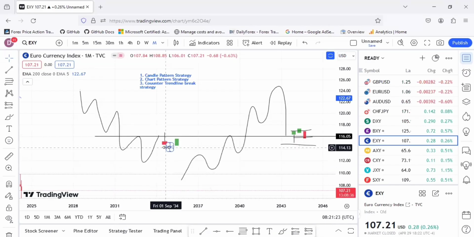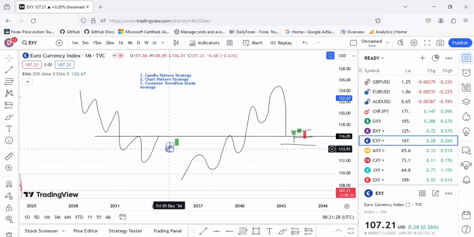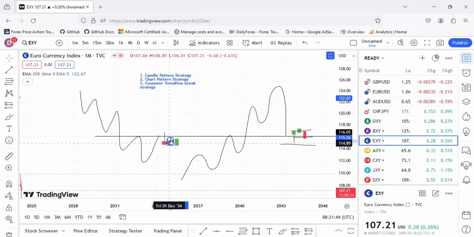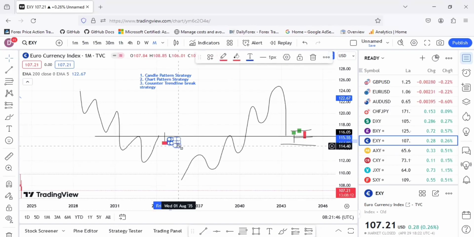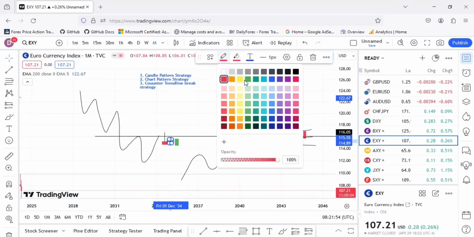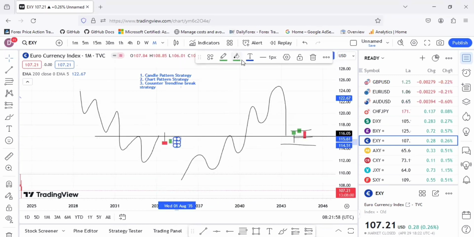So what do you do? You wait for this, or for something like this. This is a bullish candle. And this will be a bearish candle.